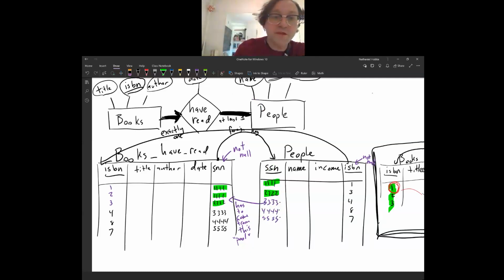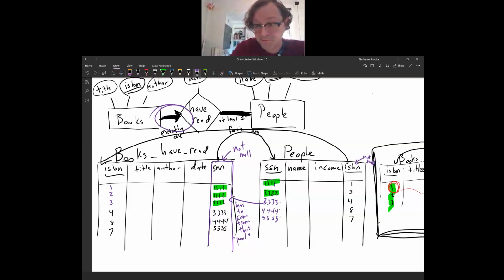Okay, so for this relationship, in general, this is what you do with an exactly 1 kind of requirement: you take whatever that is and put it in the table that it corresponds to. In this case, books have to have been read by exactly 1 person. Well, we know in the books table, each book is going to appear exactly 1 time because that's what it's been keyed on.